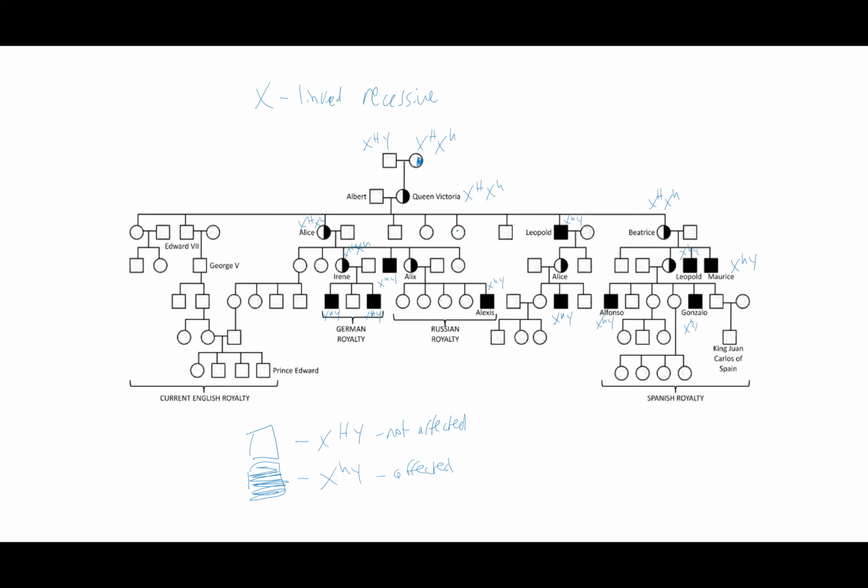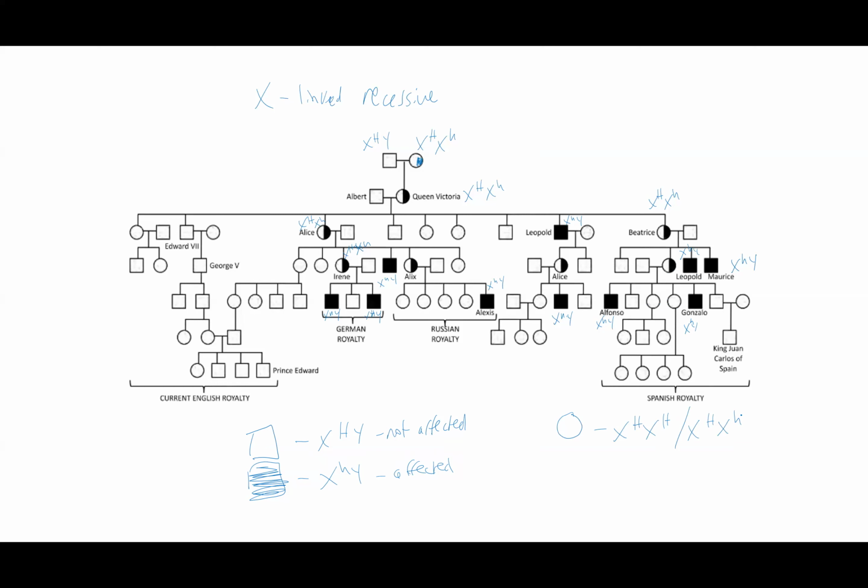And then what about all the rest of these females that are open? What would we know about them? We don't know about them. Again, we're not going to fill them all in, but all these ones that are circles like this, unless they have an affected offspring, we can't know what they are. So unless they have an affected offspring, we have to assume that they are homozygous dominant or heterozygous.